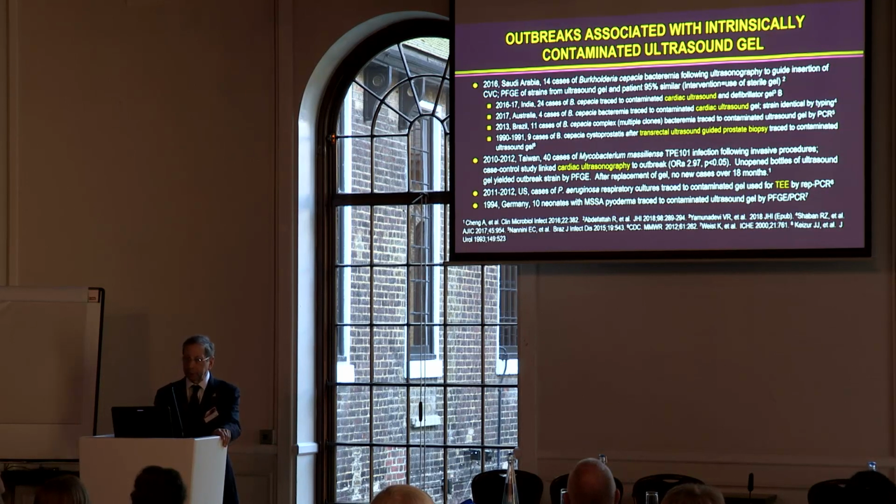I want to briefly note that intrinsically contaminated ultrasound gel, there are many outbreaks of that, so you do need to be using sterile gel, and these have occurred with a variety of probes and include things like mycobacteria, Burkholderia cepacia, Pseudomonas, and others.